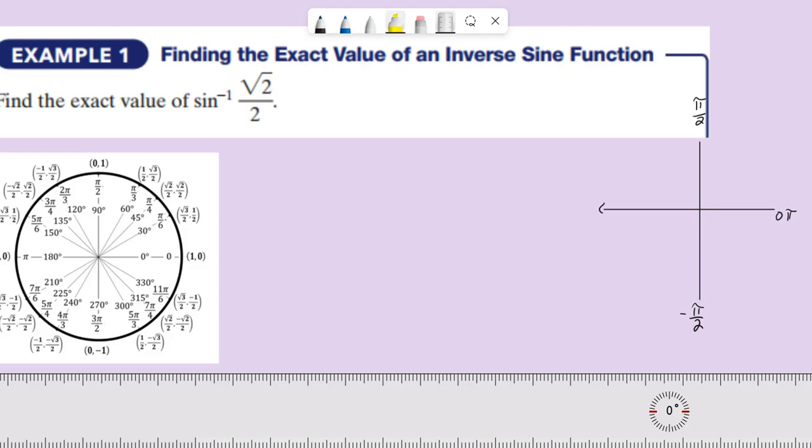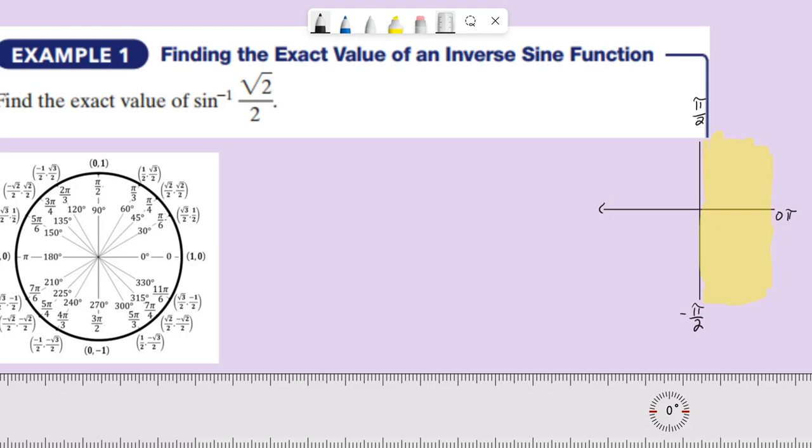Let's not forget that we restricted the domain to quadrants 1 and 4, negative pi over 2 and positive pi over 2. Okay, so this asks us to find the angle here, theta. It wants us to find theta for root 2 over 2.